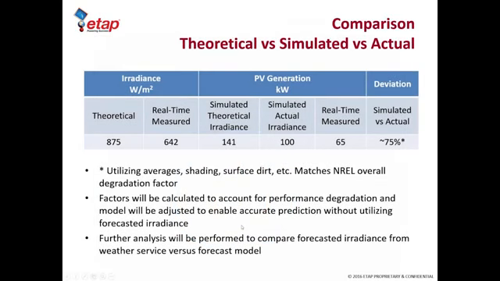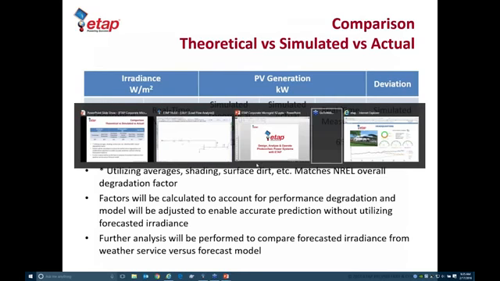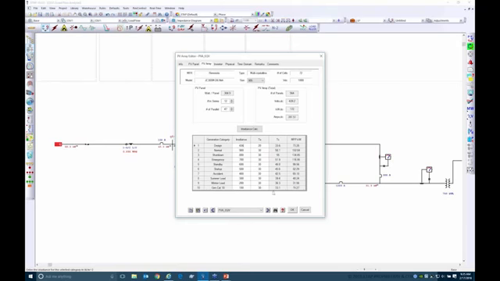So the PV generation that was measured was about 642. And when I say PV generation, I mean the irradiance on the PV panel, not the actual kilowatt output itself. Theoretical was 875. So let me explain what these two values mean. So back to ETAP.